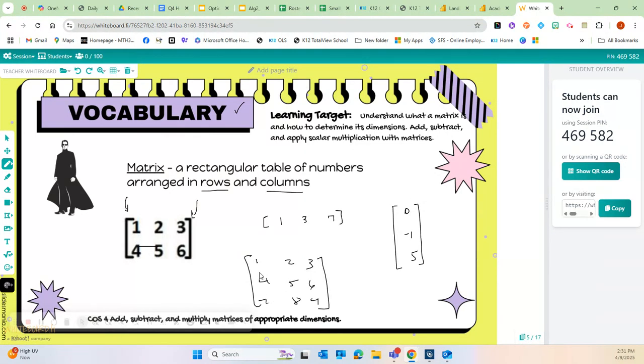This would be 3 rows and 3 columns. It just has to be in the shape of a rectangle. Remember, a rectangle could have the same number of rows as it does columns, or it could have, in this case, this matrix has 2 rows and 3 columns, but it just has to be in the shape of a rectangle.